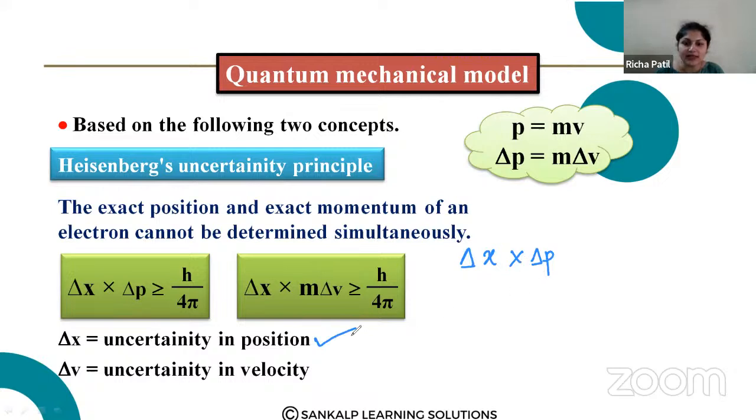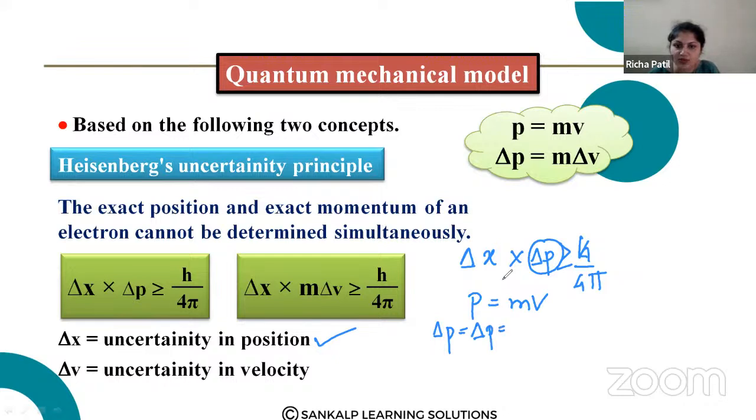Then delta p is nothing but uncertainty in momentum. That is greater than or equal to h by 4 pi. Here p is nothing but momentum. Momentum is given by mass into velocity. So delta p is equals to, what is delta p?